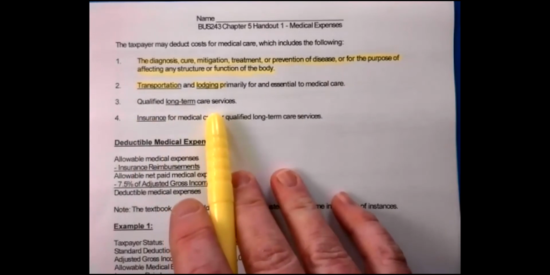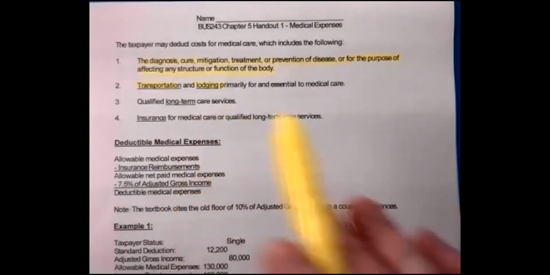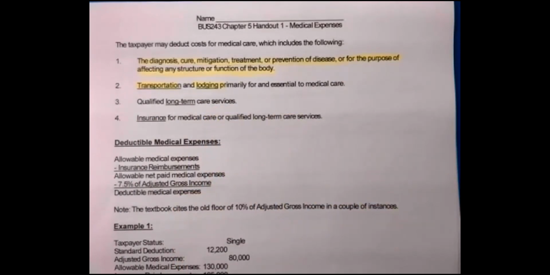qualified long-term care services. So somebody who goes into long-term care, both my parents had Alzheimer's, so we had to have them in a care unit that was on lockdown, which is very expensive. They could also go wandering off, so it was very expensive.